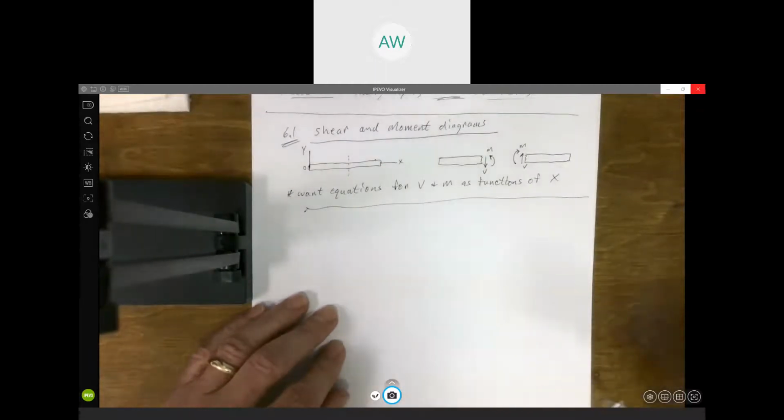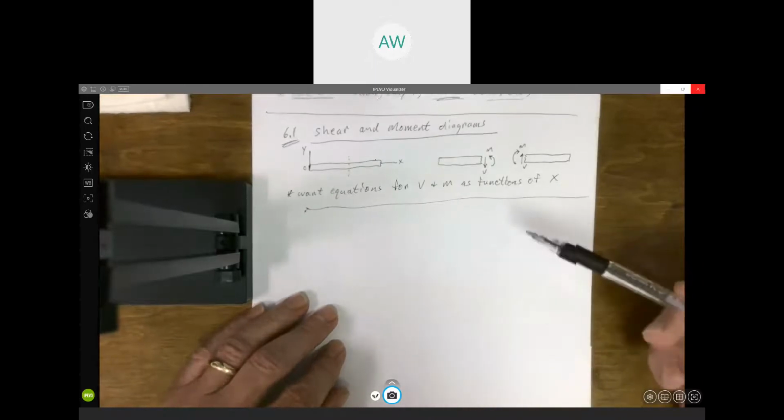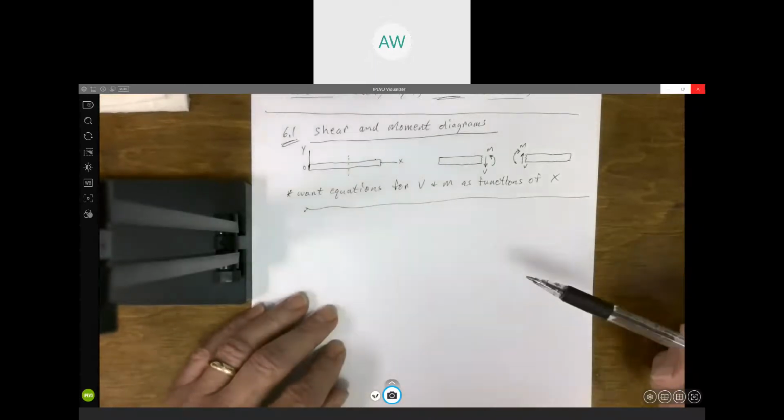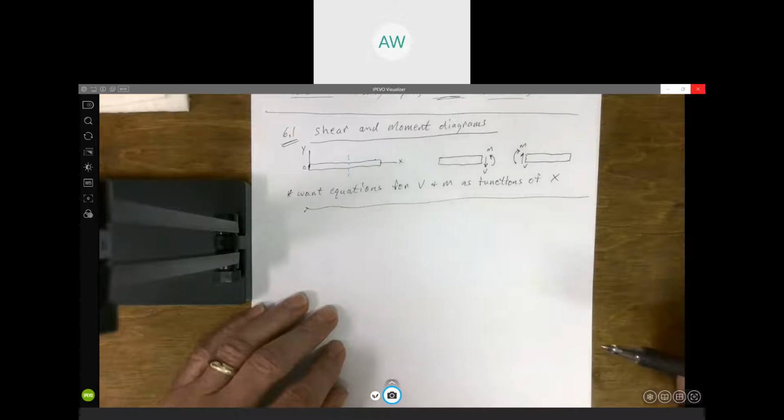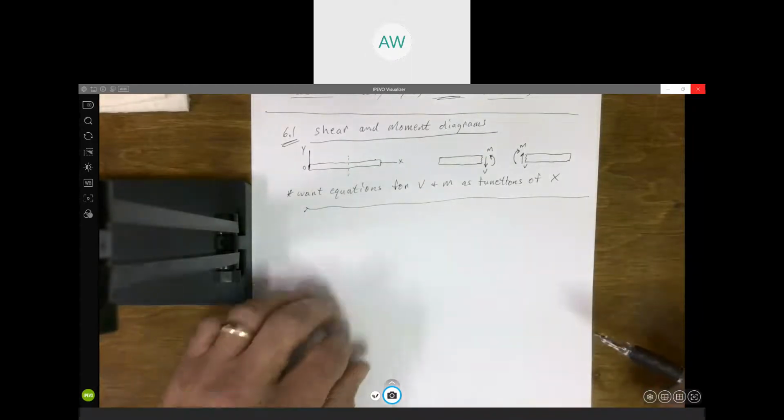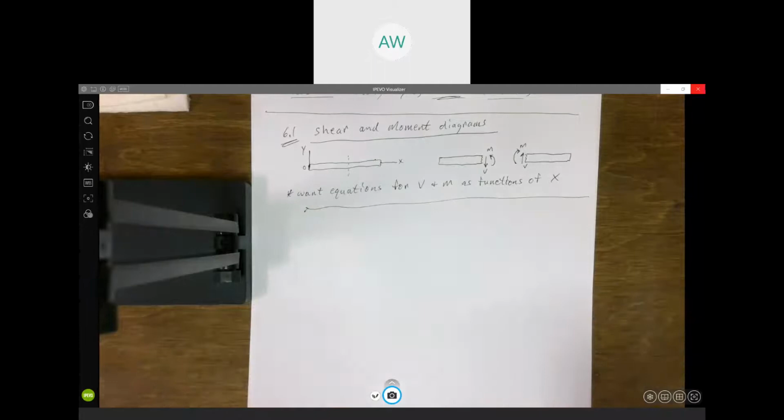But it's important that you learn how to do it this way, because this is a skill you're going to have to use a little bit later when we get to beam deflections. So this is something you're going to have to know how to do anyway, and it's a good thing to learn how to do it now. That's basically where we're at.